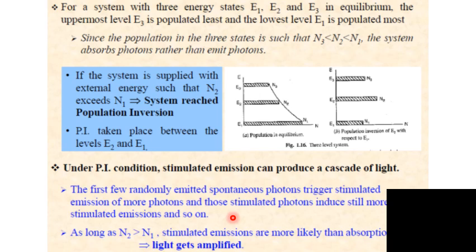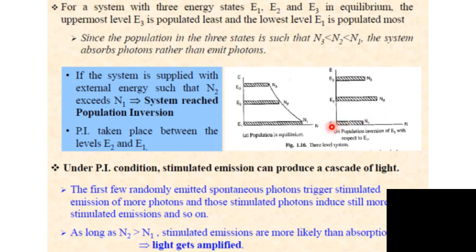So everybody is happy. As long as N2 is greater than N1, stimulated emission is more likely than absorption. Light gets amplified. As long as this energy level population is high, stimulated emission will happen and we will get laser, and also amplification will happen. We will get a lot of laser. Then the electrons are continuously coming down because they are emitting photons.